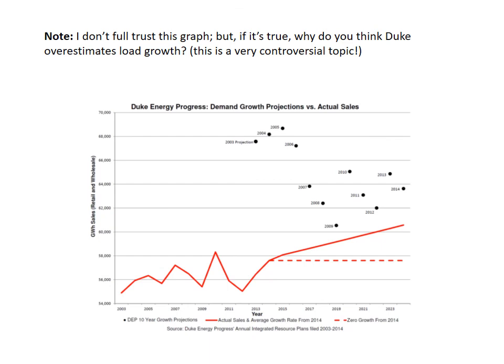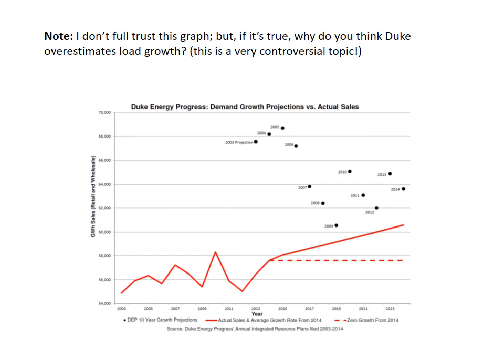And this is showing on the y-axis total energy sales, and all the black dots, this is for Duke Energy Progress, so the eastern part of North Carolina, are all the projections that were made 10 years out of what Duke Energy thought that electricity demand was going to be.